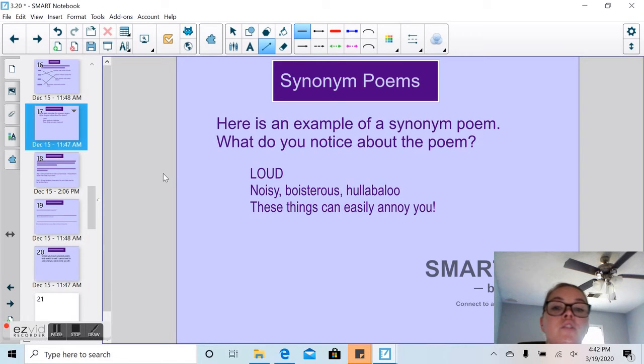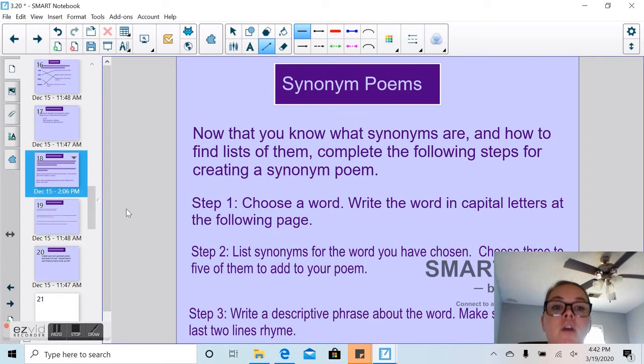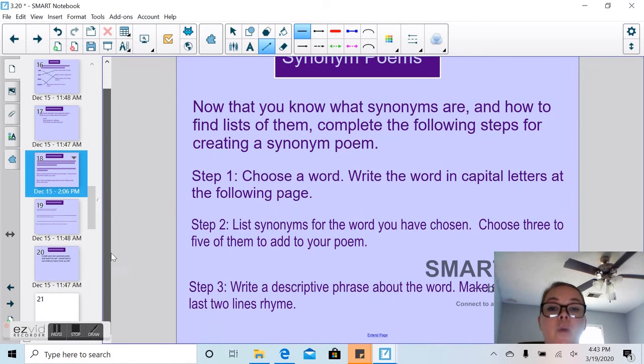So we're going to look at a synonym poem. We did loud. So now that we know what synonyms are and how we can find them in the Thesaurus, we're going to complete the following steps to create our own synonym poem. We're going to choose a word, and I've chosen the word love. Then we're going to find a list of synonyms for this word.